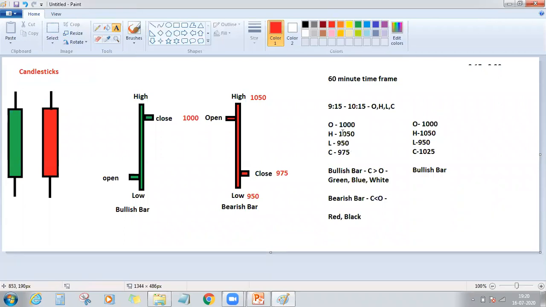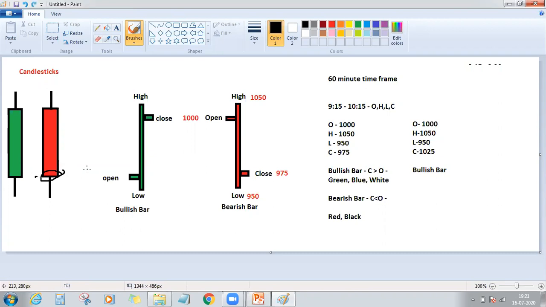The same prices, let us write on this candle now. So open price was 1000. Now because this is a bearish candle, you have to write open at the bottom. So this whole thing is your open price now. There is nothing like right or left for a candlestick. That is valid only for a bar. For candlestick, you can write it on the left side or you can write it on the right side.